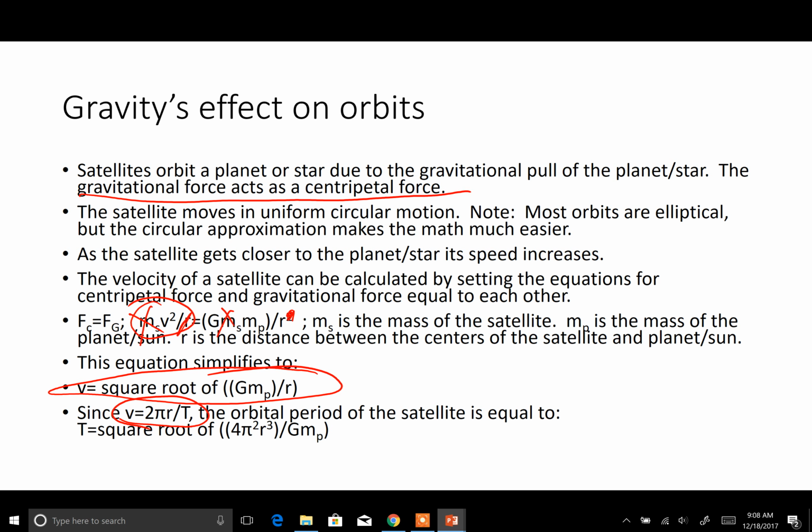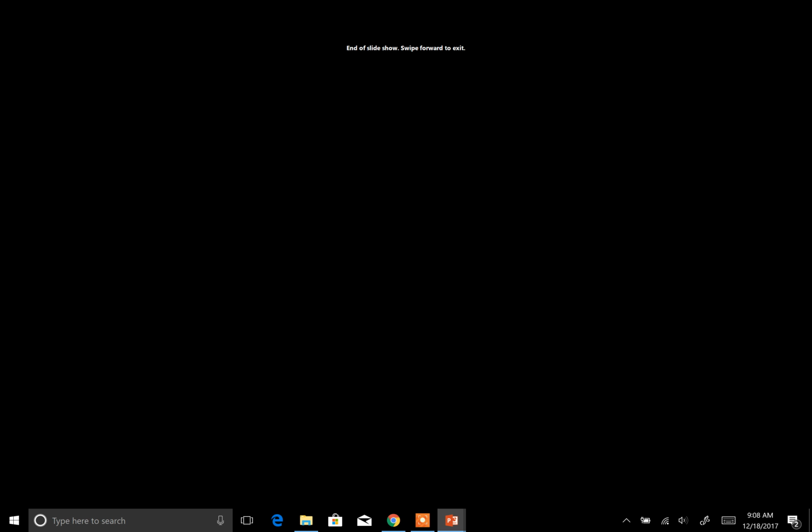If we solve this equation for t and plug it into the equation, we end up with the period equal to 4 pi squared times r cubed all over G times the mass of the planet. So that's a way we can calculate the time it takes for one rotation. And that's it for uniform circular motion. Hope that helped.